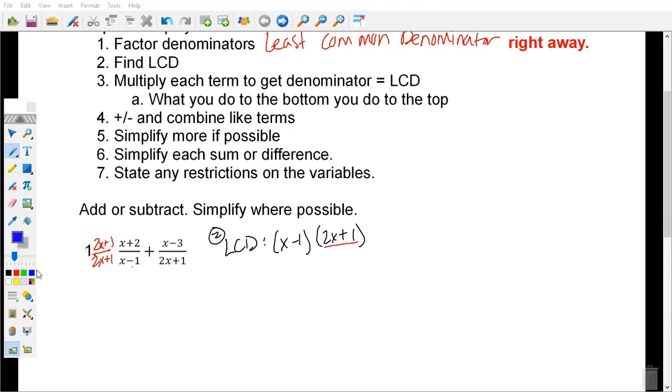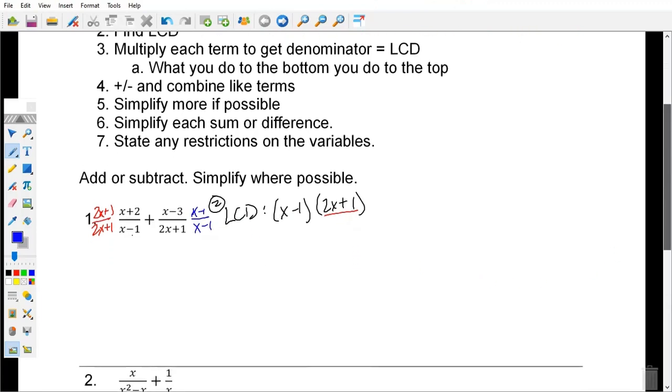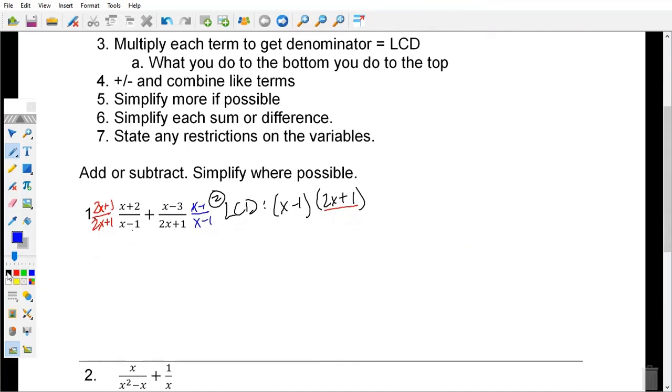Then you're asking yourself, what is the second fraction missing in order for it to have a common denominator? x minus 1. So I'm going to multiply the top and bottom by x minus 1. What this allows you to do is combine the fractions by giving them one common denominator. So now our common denominator is x minus 1 and 2x plus 1.